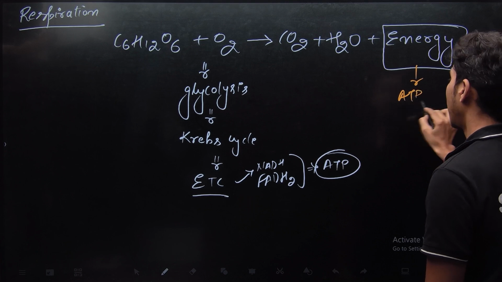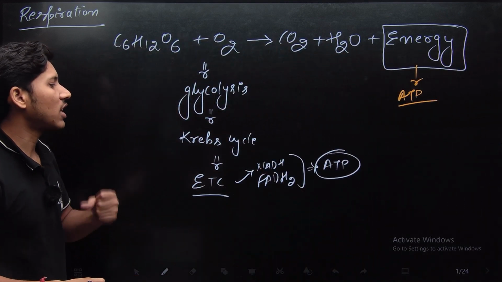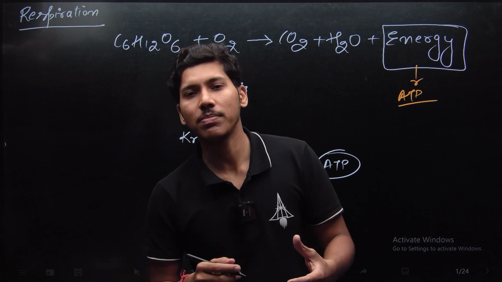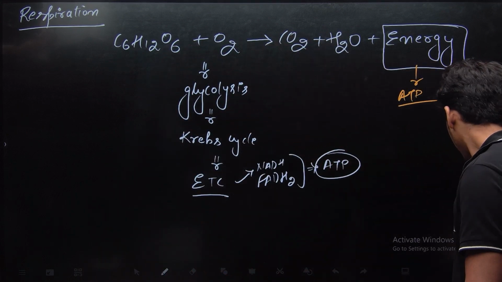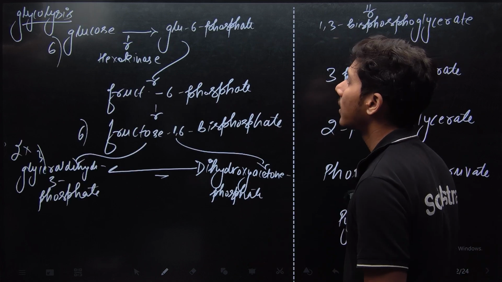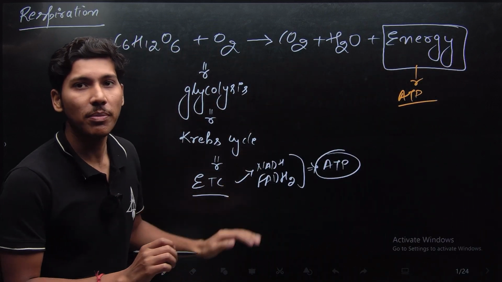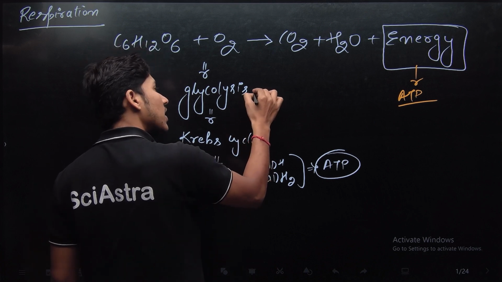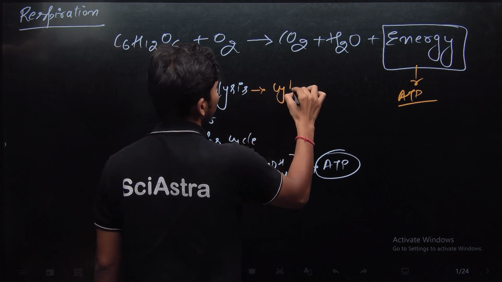Okay, let's see. So glycolysis, Krebs cycle and electron transport chain. These are the main 3 steps which are involved in respiration. So glucose breakdown occurs in a sequential manner. First it is broken down to pyruvate via glycolysis in the cytoplasm of the cell.